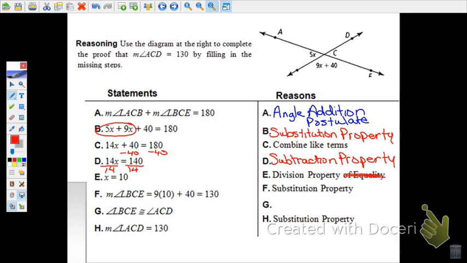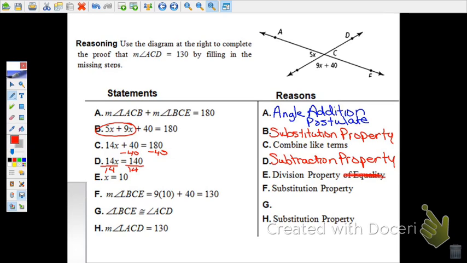Then statement F looks different. They're telling us that we're using substitution property. How are we using substitution property to write down statement F? Substitute 10 in for x. Yes, because it's the same as step B, but they're already combined.